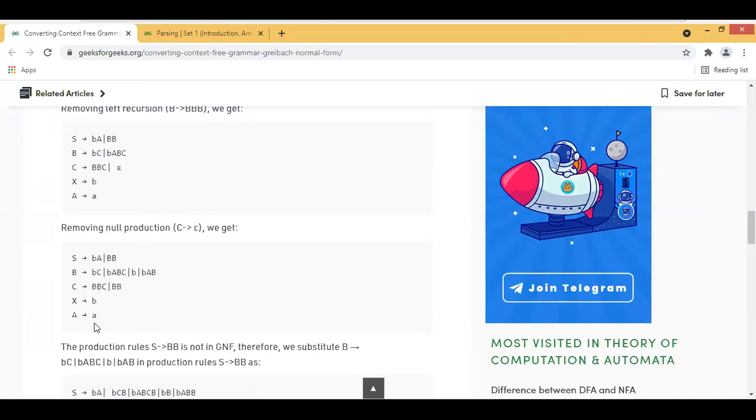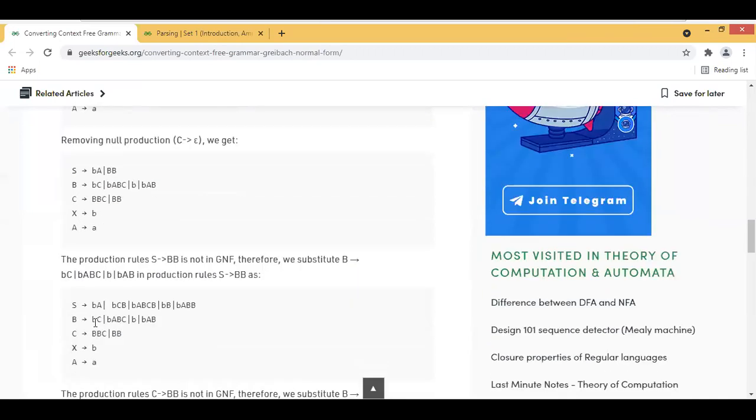After that, this is in the form of GNF, this is in the form of GNF, and this, and this, and this is in the form of GNF. But BB, BBC, BB are not in the form of GNF. First of all, the production rule S tends to BB is not in GNF.